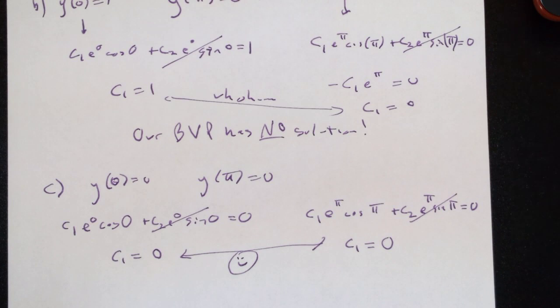Except, what do I know about C2? In this case, I know absolutely nothing about C2, unfortunately. None of our conditions have told me anything about C2, right? Which means as far as C2 is concerned, C2 is a free variable.